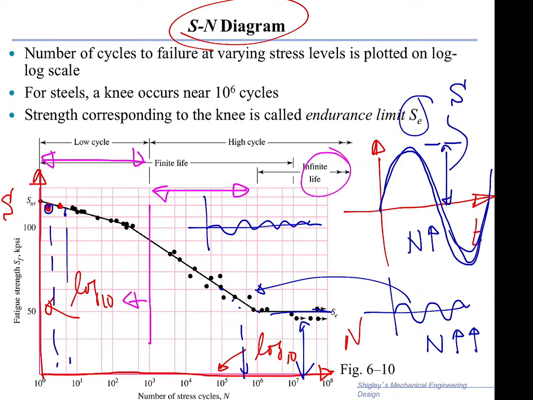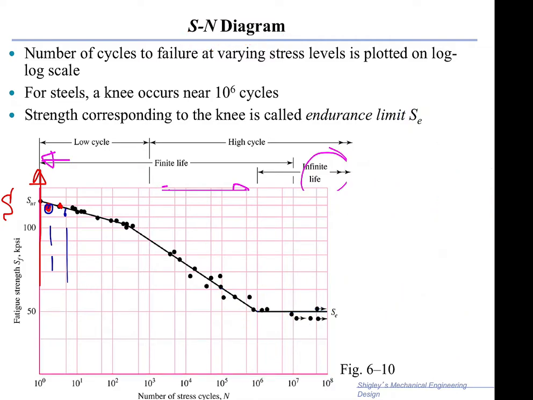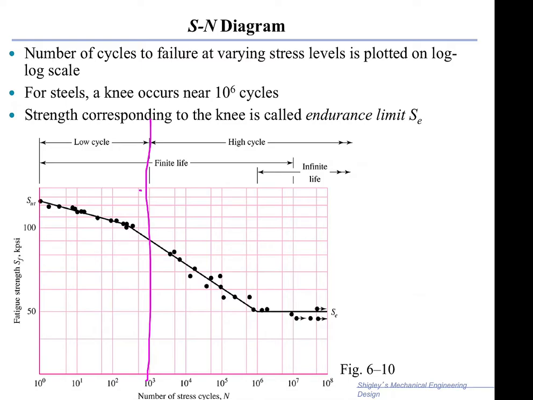So to summarize, we have two main levels of behavior. One is low cycle fatigue, and the other one is high cycle fatigue, and the delineation between them is approximately 1,000 cycles, give or take.